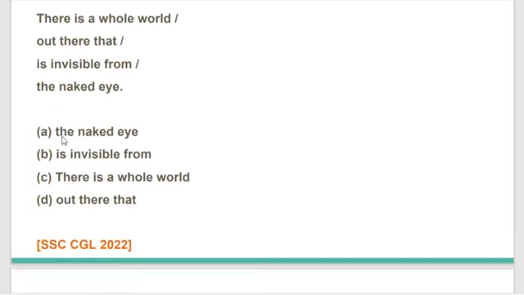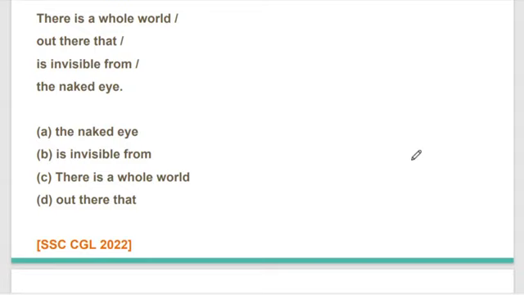Please make sure that you're reading this question a number of times, because this one is really different. SSC CGL 2022's question. There is a whole world out there that is invisible from the naked eye. The options given to us are A, B, C, and D, where the error is lying.